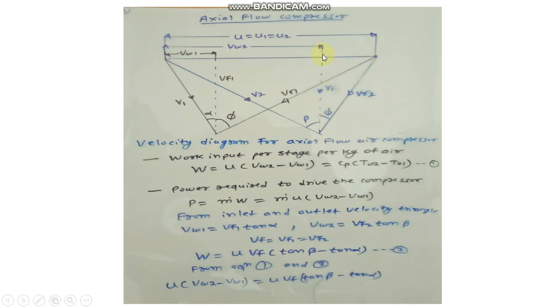So tan phi is U minus VW2 upon VF2. Tan theta is U minus VW1 upon VF1, and tan phi is U minus VW2 upon VF2.